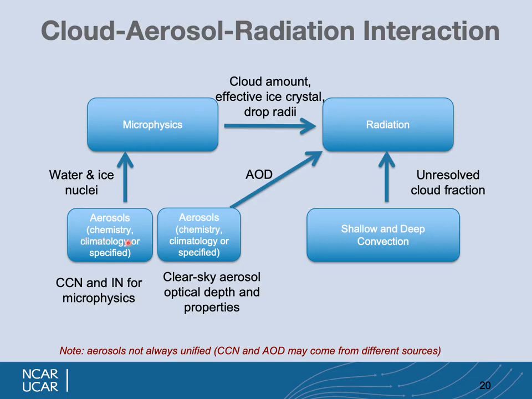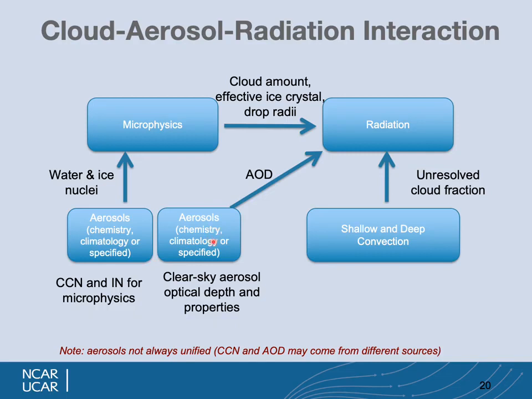Aerosols can also come from chemistry and provide the water and ice nuclei for the microphysics to give the initial particle sizes. So there's an interaction between the chemistry and the microphysics there. Or you can specify the CCNs as an idealized constant value and provide them for the cloud condensation to the microphysics in some of the options that have CCN as a variable.